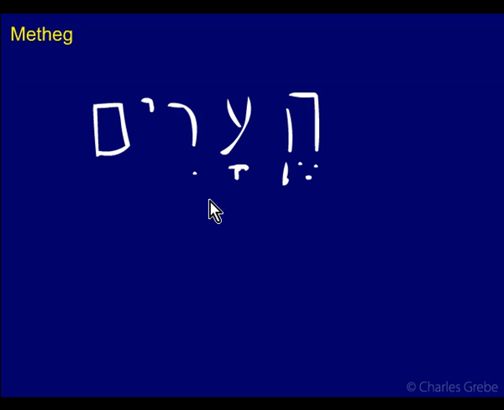Arim is cities. He is the article, something like ha'adam. Now in this case, we have a segol here, and the Metheg is marking that there's something different going on here. It's flagging the reader to say, okay, pay attention to the fact that we have CV, a syllable with a short vowel in it. Now that's a violation of our rules, right? CV unstressed, here's our stressed syllable.